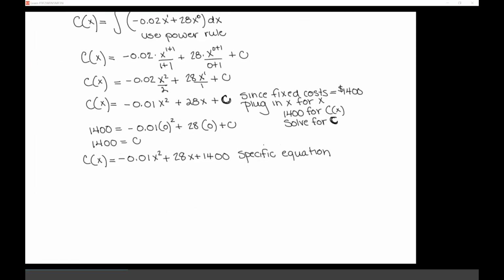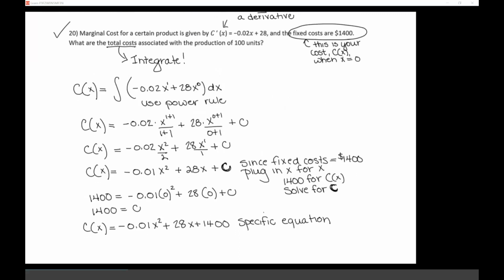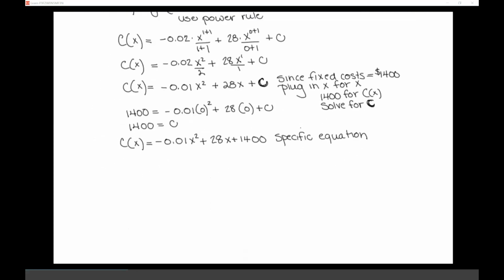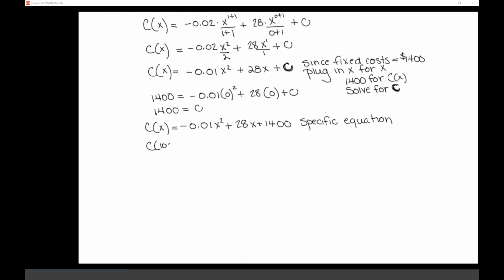Everybody see what I did with the fixed cost? Yeah, everybody good with that? Okay, that's important. You'll usually be able to get another piece of information to do that. Now I can answer their question: what are the total costs associated with 100 units of production? That just says evaluate your total cost function when X is 100.